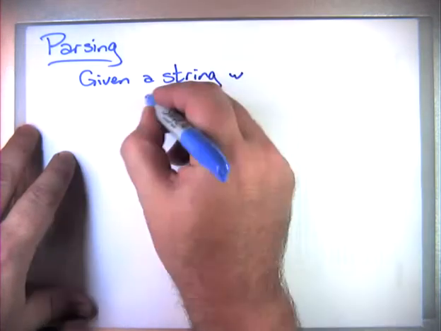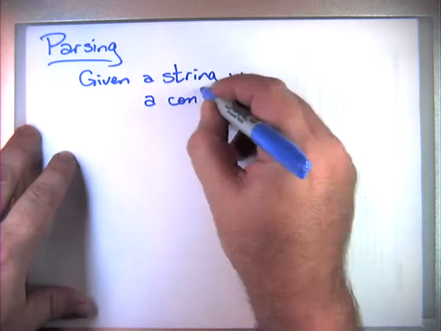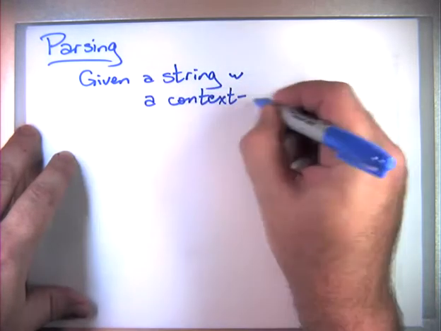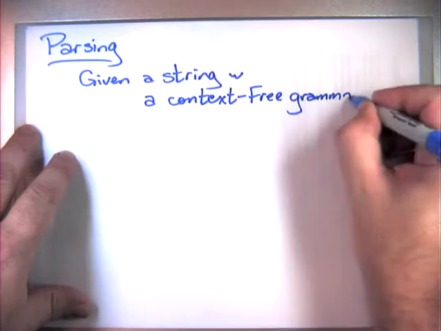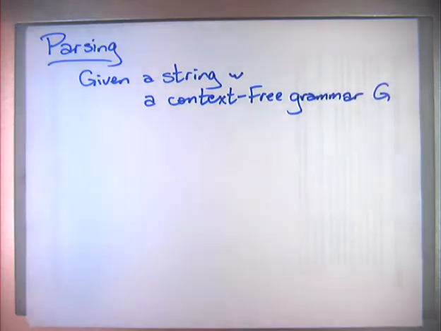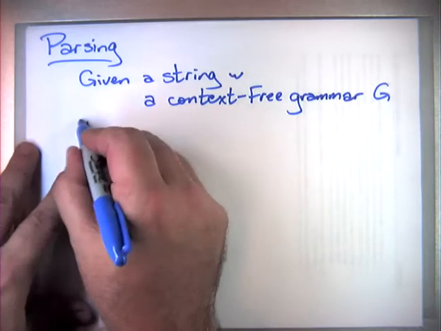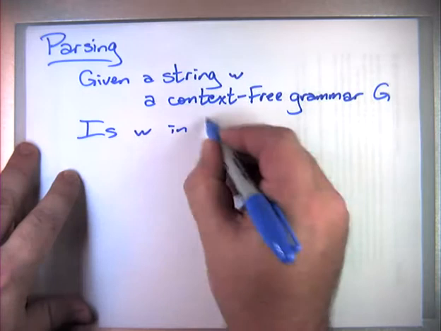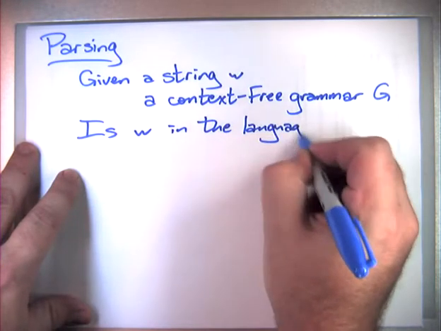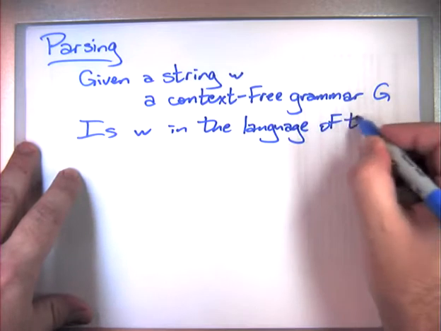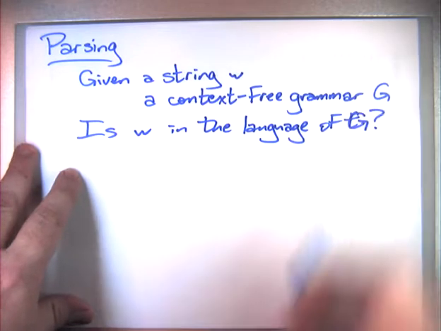W, and you're given a grammar. You're given some description of a language, which in this case is going to be a context-free grammar. And then the question is, is W in the language of G? Okay?